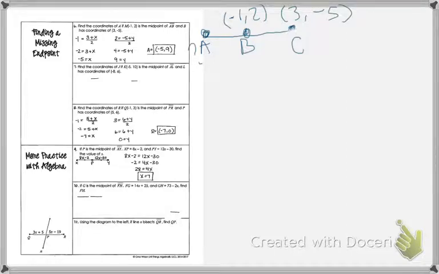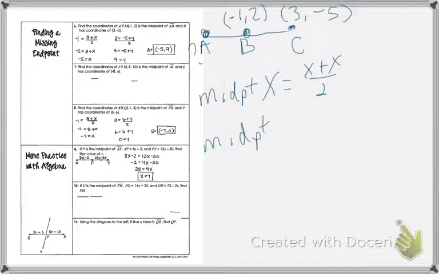So we already know that we have a midpoint x, which is equal to adding the two x's and dividing by 2. We have the midpoint y, which is adding the two y's and divide by 2.